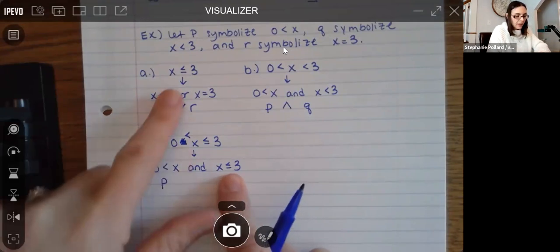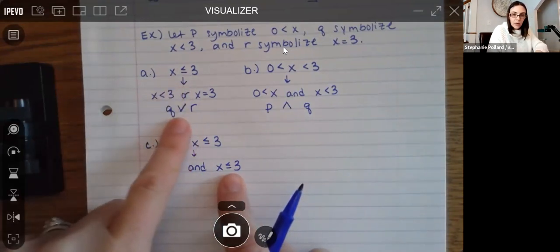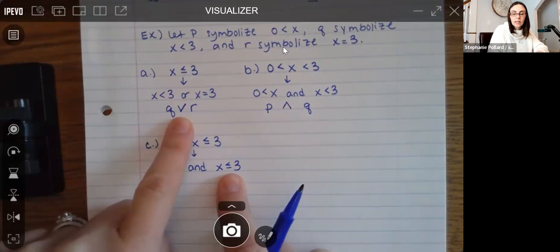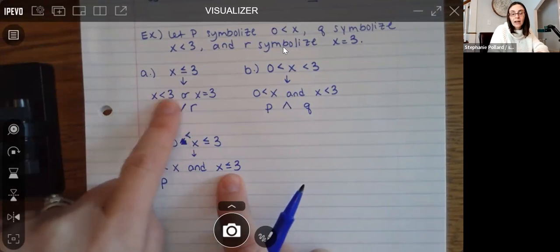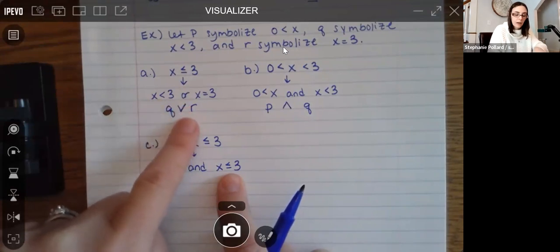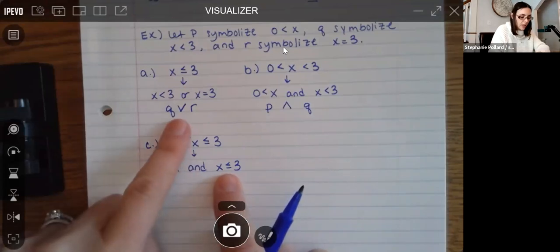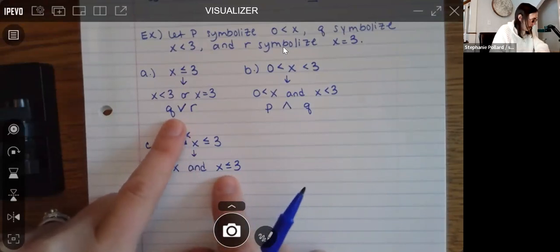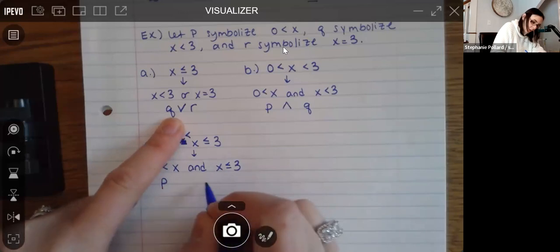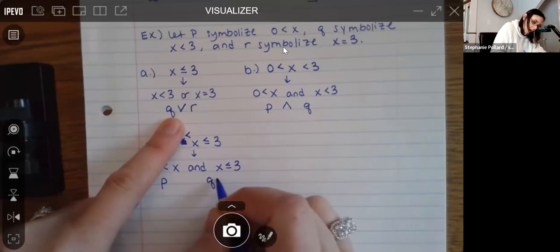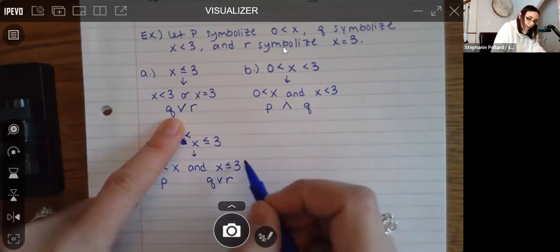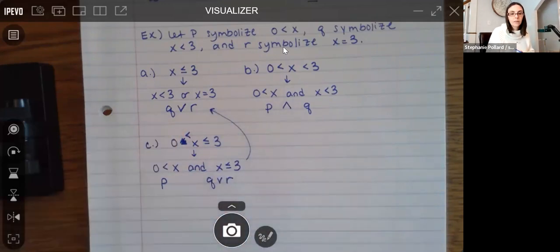I did that back here in A, and that symbol is this right here, right? It's actually two parts. It's x is less than 3 or x is equal to 3. Two things are occurring there. So what we have here is not just a simple statement, but you actually have that it is Q or R, right? And that's from part A.